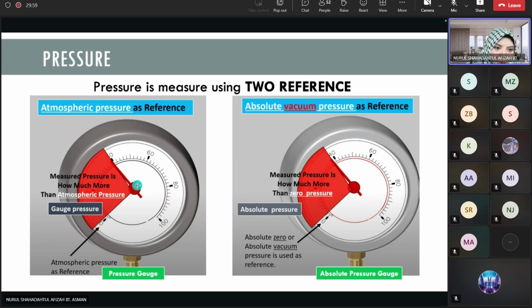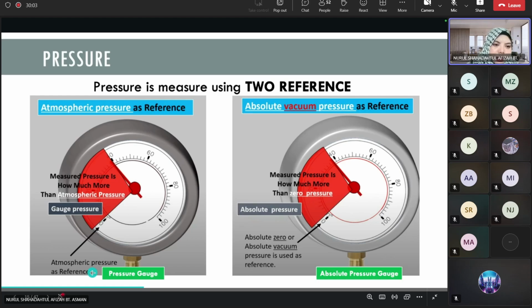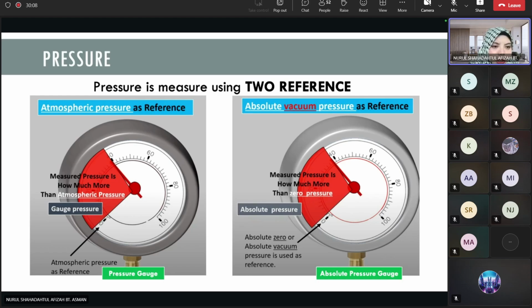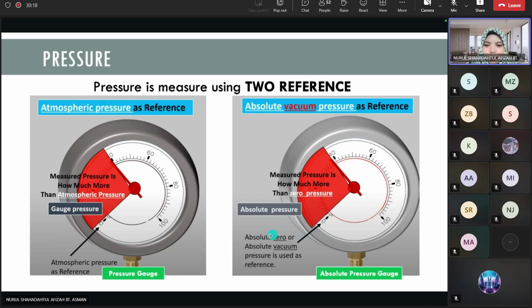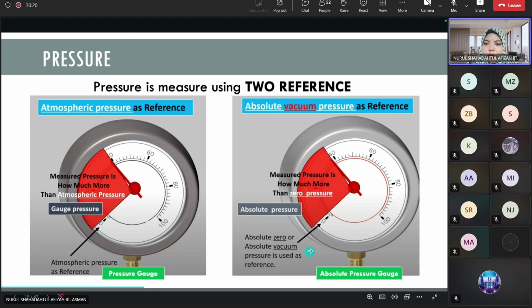So this first one is the gauge pressure, which uses the atmospheric pressure as a reference, because it measures how much more than the atmospheric pressure. And then for the absolute pressure gauge, why it is called absolute pressure gauge, because the absolute zero or absolute vacuum pressure is used as a reference.